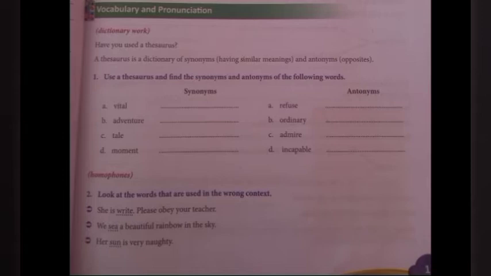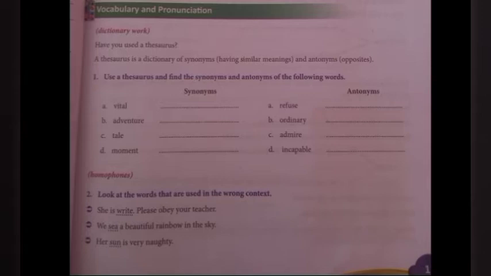I think nowadays everything has become digital, and you will have a thesaurus in your mobile phone itself. For example, let me show you a thesaurus. It will just give an alternative word for the particular word. In a dictionary you get the meaning of the word, and here too of course you get the meaning, but you can find so many alternative words for the particular word.